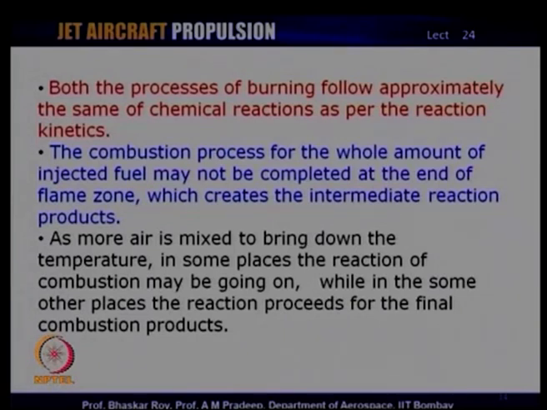And then more air is brought inside the combustion chamber to bring down the temperature. So, carrying on the combustion is going to be more and more difficult, because it is being cooled down necessarily to aid the delivery to the turbine. However, it is quite possible that in the rest of the combustion zone, a certain amount of reaction is still going on, and in some places the reaction has indeed been completed and the combustion products have already been created.